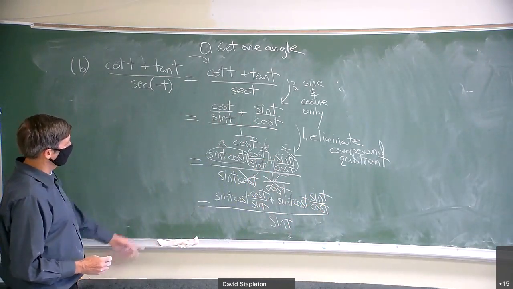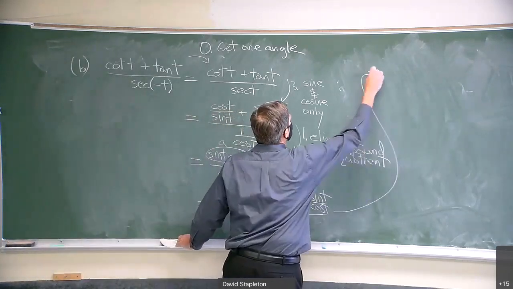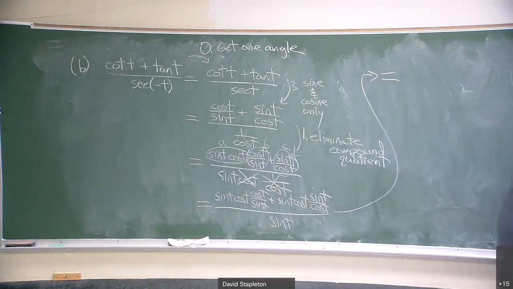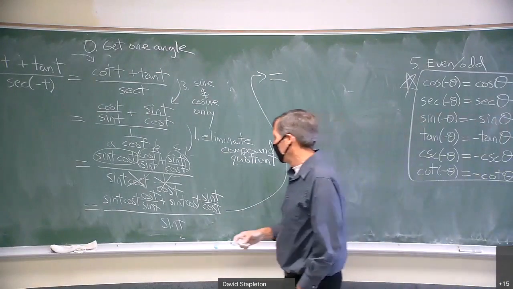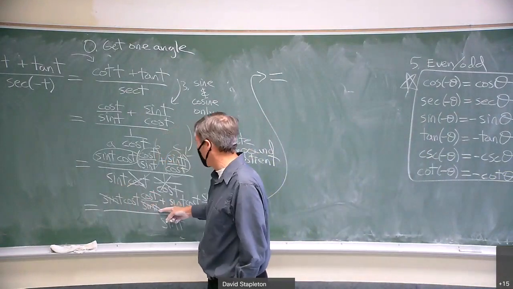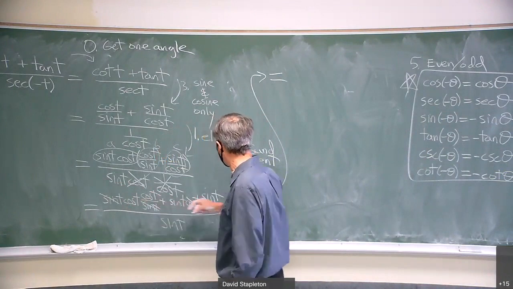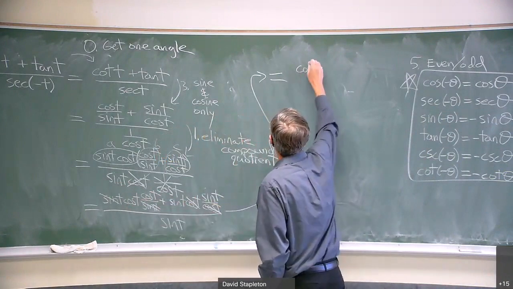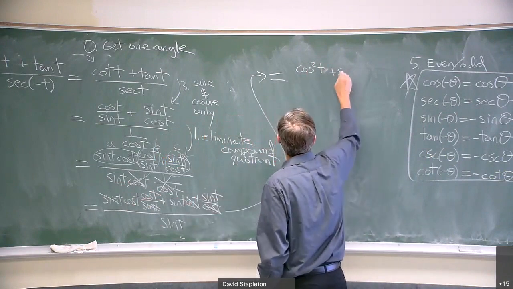Now here's why you can usually skip this step, is because you can kind of see this beforehand. Now I notice this sine cancels this sine on the bottom, and this cosine cancels this cosine on the bottom, so I have cosine times cosine is cosine squared. Sine times sine is sine squared.